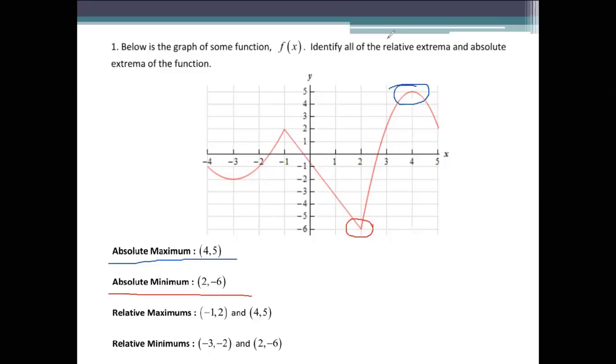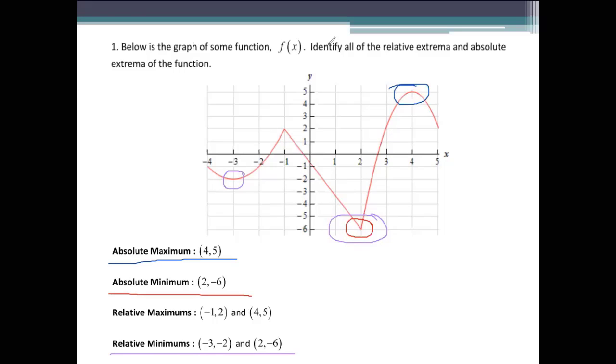The relative minimum is at this point, and this one is also a relative minimum. The absolute minimum will be a relative minimum also, and here we have minus 3 and minus 2, and 2 and minus 6. And now we have relative maximums also.